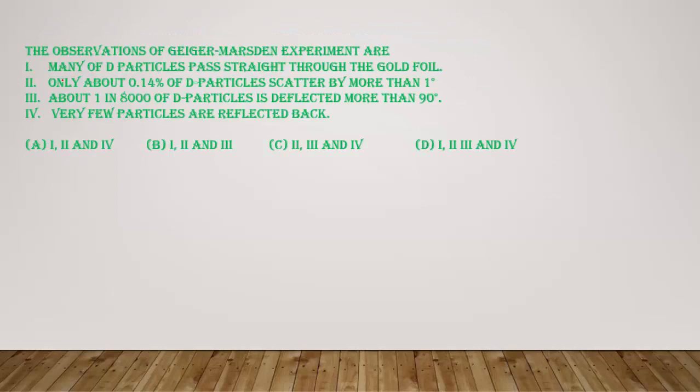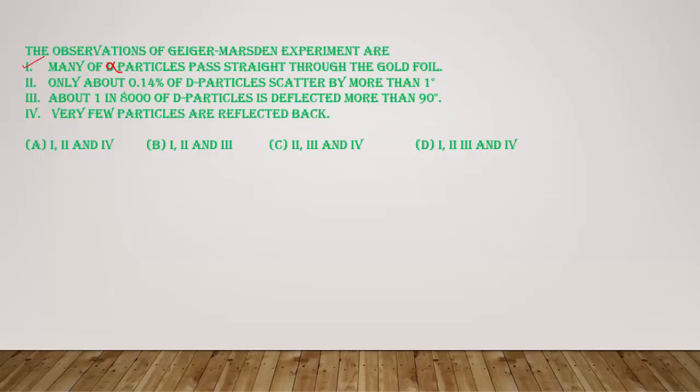And the third question is, the observations of Geiger and Marsden experiment. According to Rutherford alpha ray scattering experiment, what are the observations? Most of the alpha particles pass straight through the gold foil.